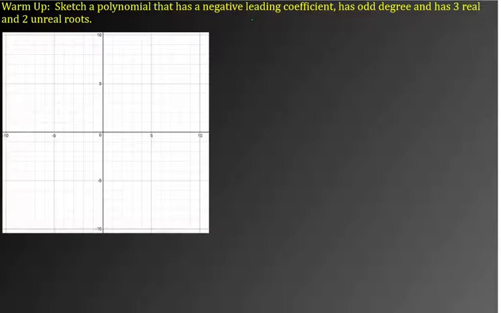This one says that you have a polynomial that's got a negative leading coefficient, it's odd degree, and has 3 real and 2 unreal roots. I guess I don't really need that it's odd degree because it has 3 real and 2 unreal, so you can get rid of that. Anyways, the big thing to know is that if you take positive x cubed, it looks like that.